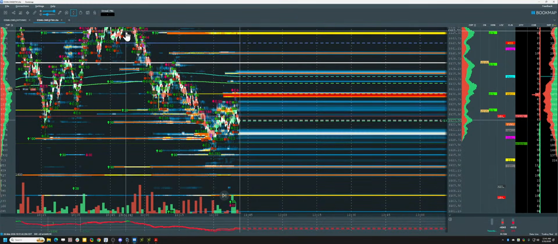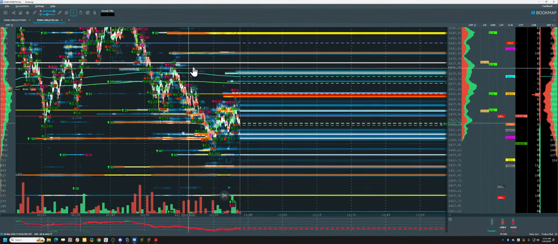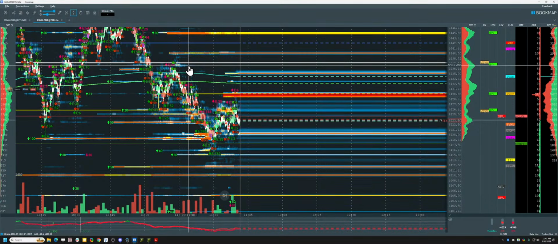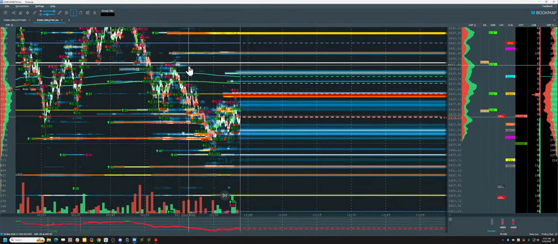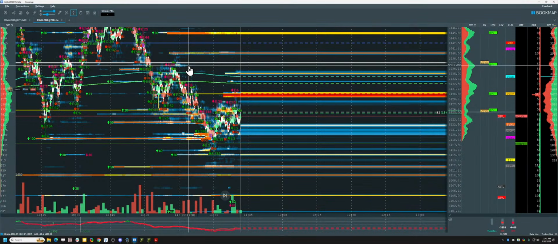For me, my 1R might be 5, 6, 7 points in this market. The other side of that 1R is to get risk neutral, and then my runners have to pay for my stops and give me a yield.